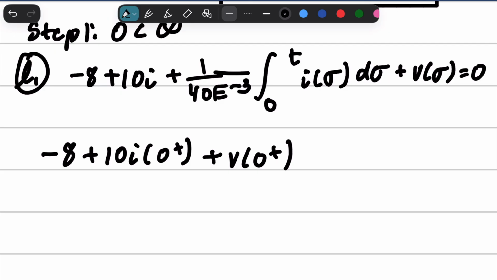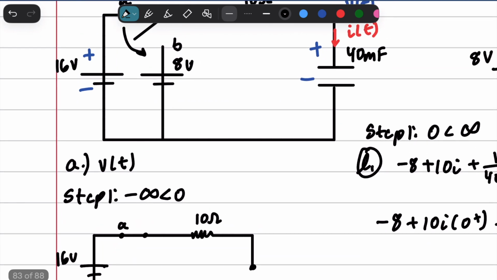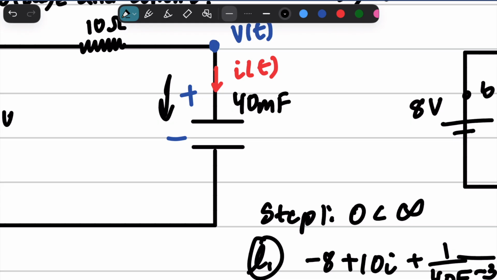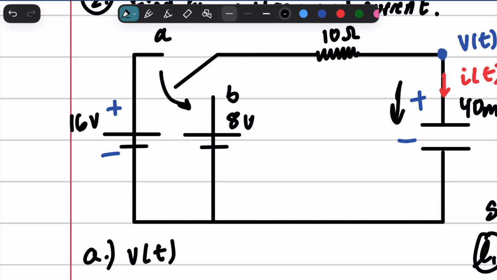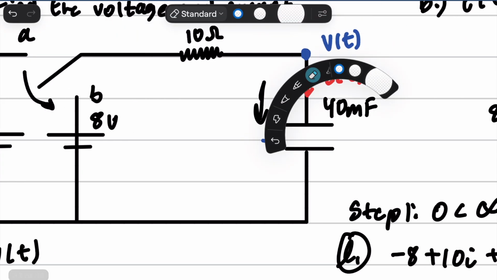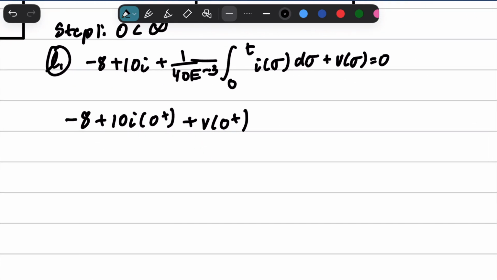And remember what V of 0 plus was. V of 0 plus was just 16 volts, and we're going in through the positive side. Then we would get a positive 16. Now, if our battery were actually the opposite, and instead it was like this, and we're trying to find the current going down, then we would put a negative sign because it's being forced with a negative voltage, okay?